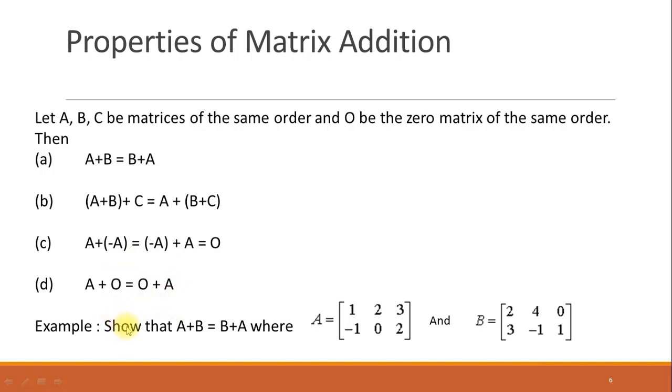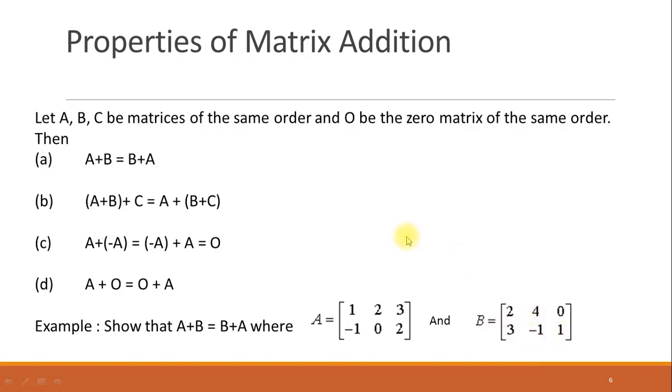For example, show that A plus B is equal to B plus A, where A is equal to 1, 2, 3, minus 1, 0, 2, and B is another matrix 2, 4, 0, 3, minus 1, and 1.